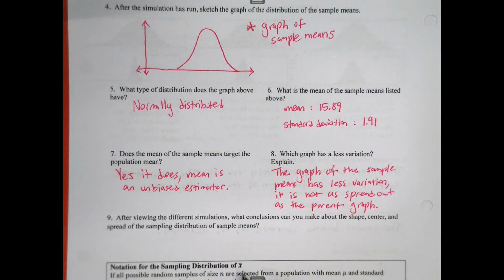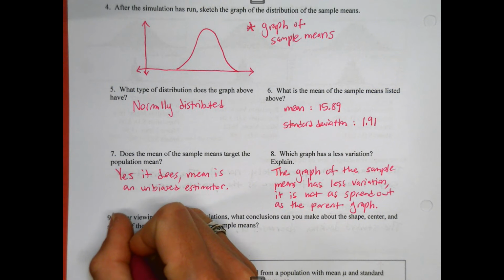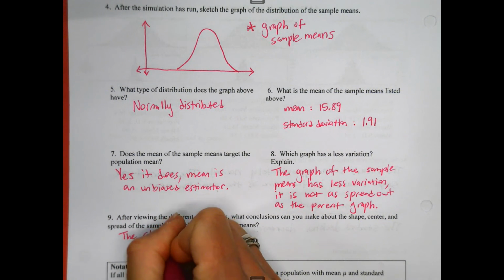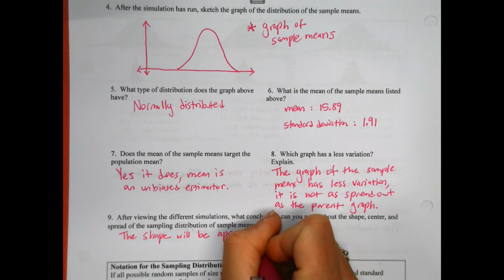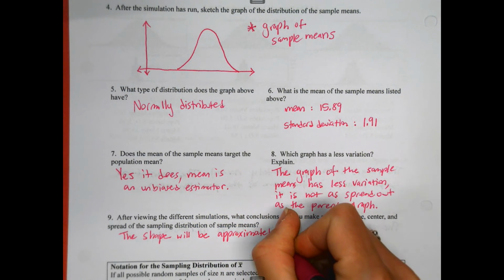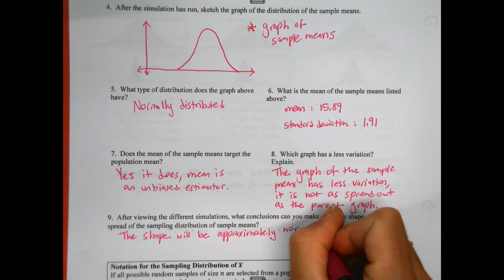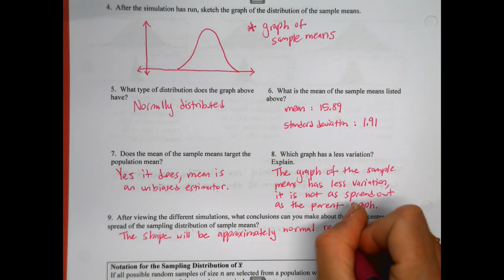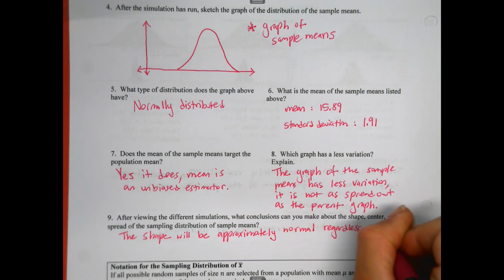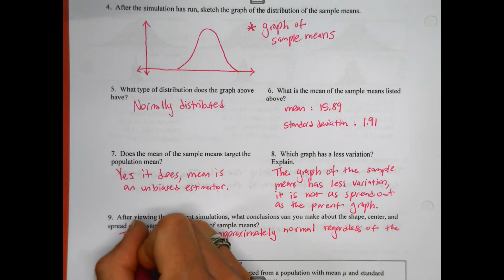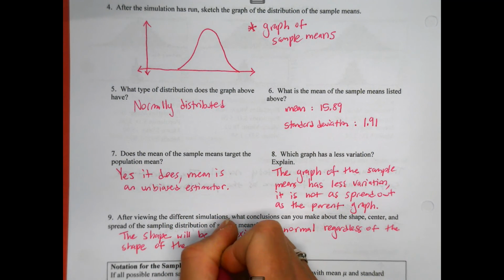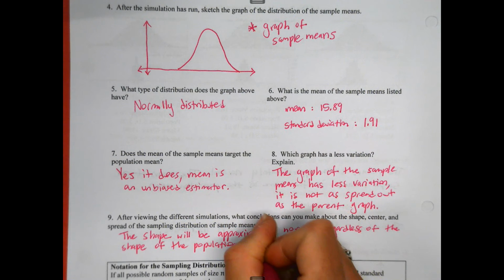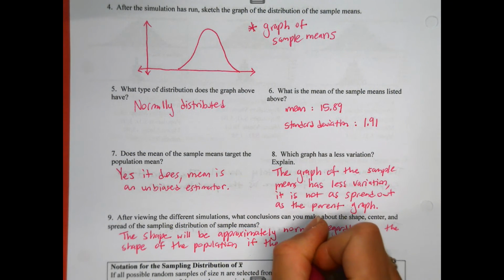The conclusion that we can draw is that the shape will be approximately normal regardless of the shape of the population if the sample size is large.